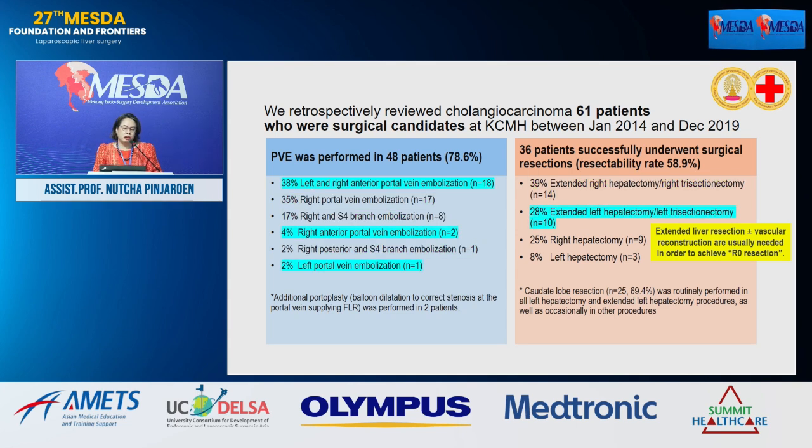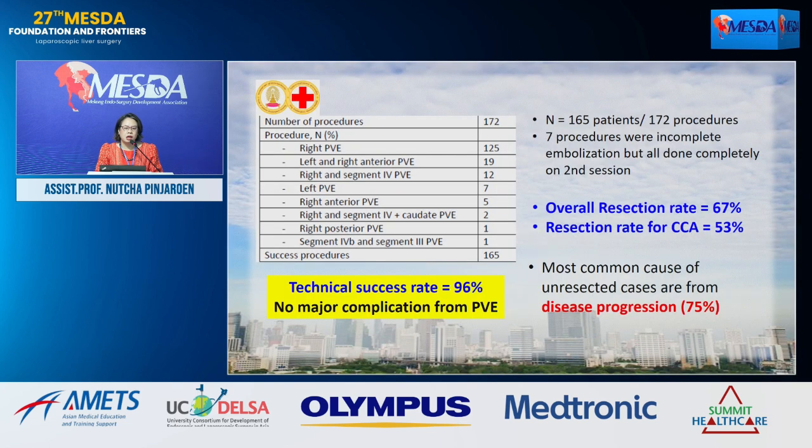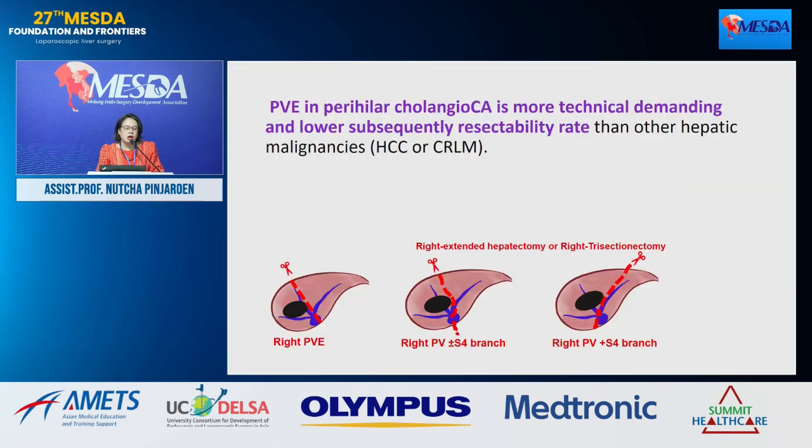And for left extended hepatectomy, sometimes we require anterior portal vein embolization plus left portal vein embolization. So when comparing cholangiocarcinoma with other tumors, colorectal liver mets and HCC, the resectability rate of cholangiocarcinoma is the worst after PVE. Mostly because of tumor progression, but the other reason is the tumor location.